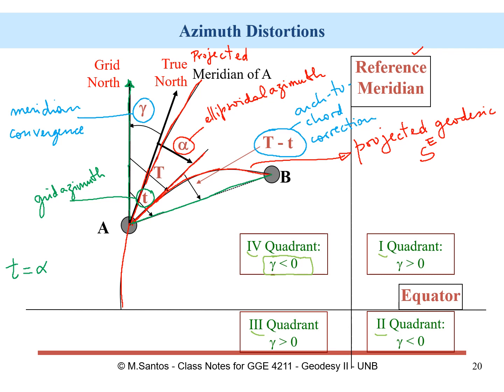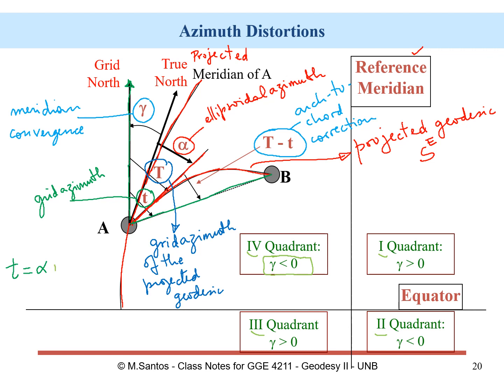What is capital T? Capital T is the grid azimuth of the projected geodesic. Okay? So now with all these elements, we can write down the expression here for alpha.